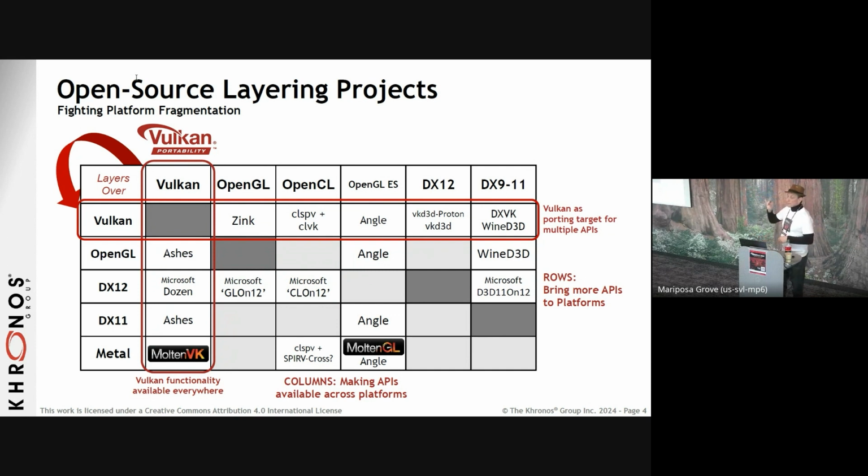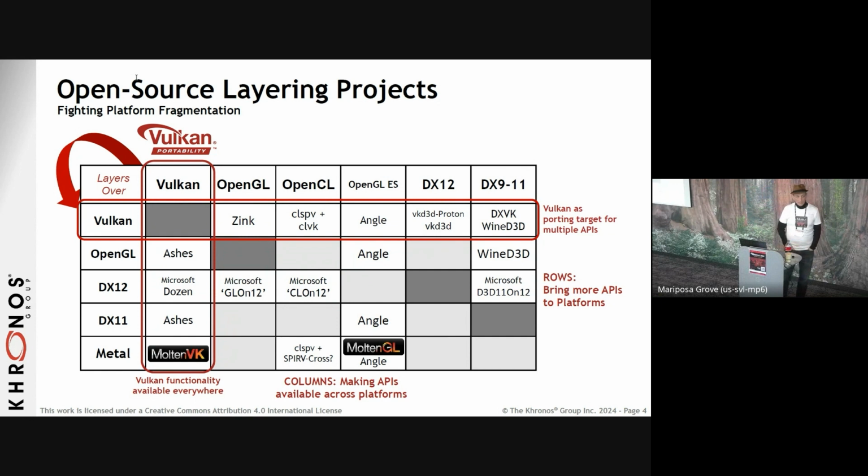Okay. Richard also mentioned Microsoft. Microsoft's actually jumped on this bandwagon pretty hard. So it does three things there, which allows Vulkan, OpenGL, or OpenCL to run on top of DX12. Its product for running Vulkan on top of DX12 is called Dozen.